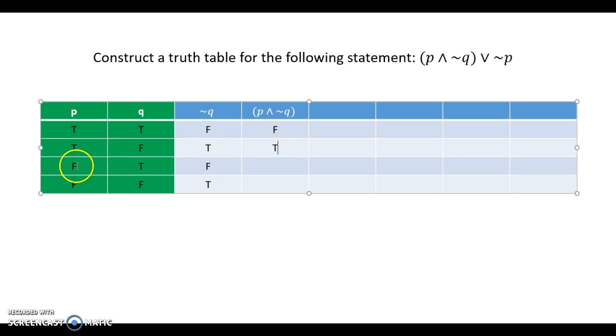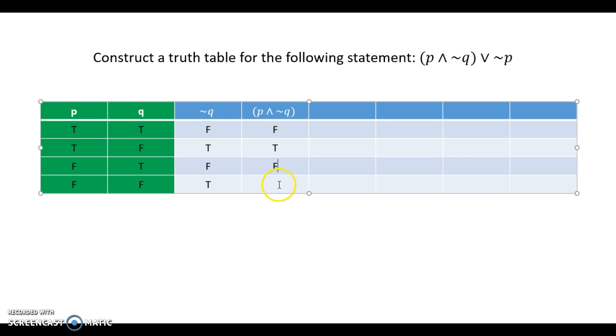Here's a big mistake right here that people often make. Notice this row has a false for P and a false for not Q. So in other words, it has the same value for both of them, but that's not going to cut it. In order to make an and sign, you have to have both of them be true. So even though they're the same value, that value isn't true.